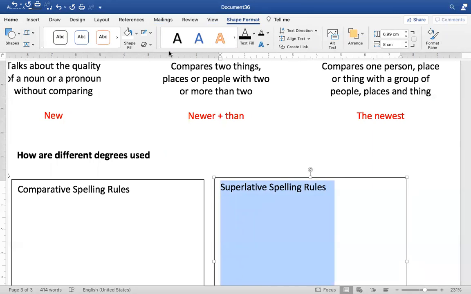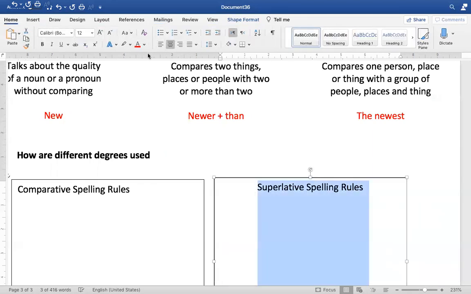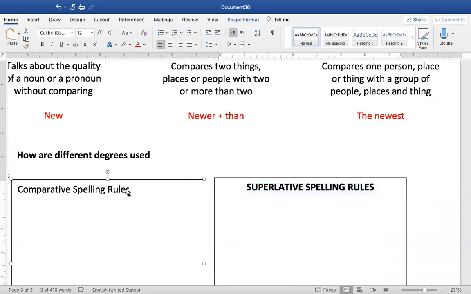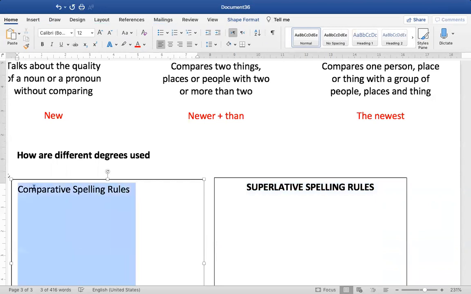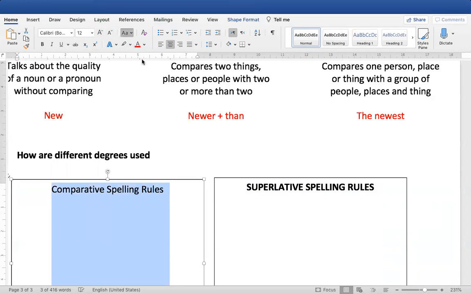And if you want to change a comparative into a superlative, or if you want to really use the comparative and superlative forms, you should know the syllables of your adjective. It's very important that you should know how many syllables your adjective has.